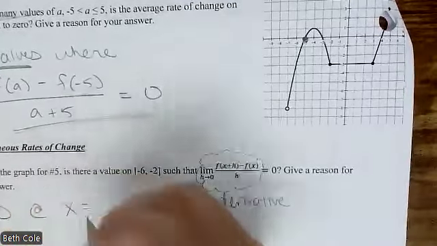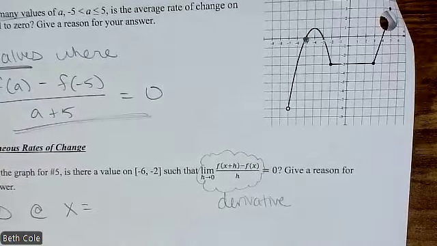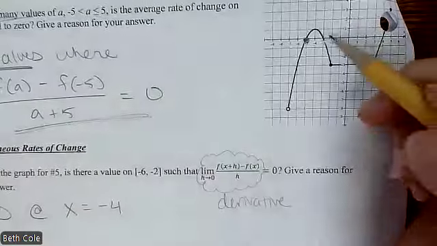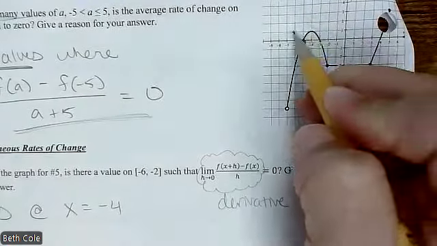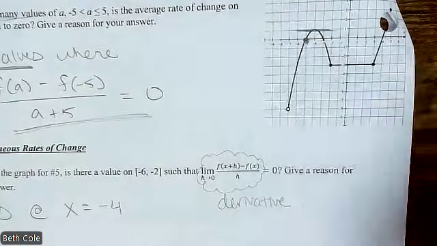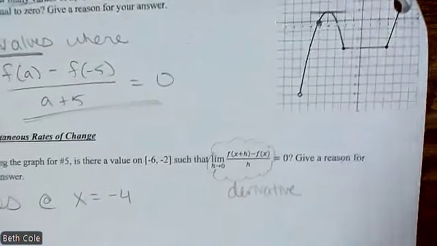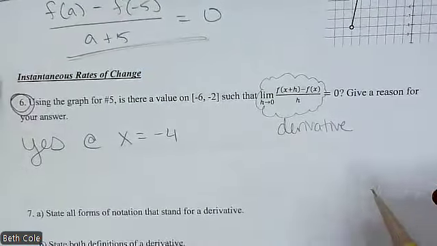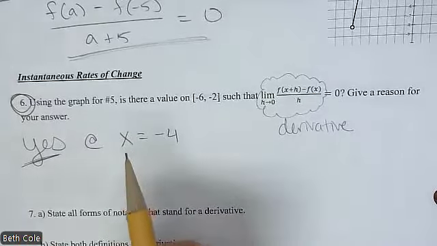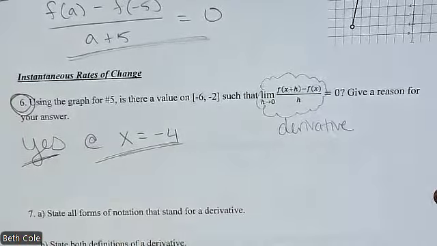And then your explanation is where it is. And where is it? Do you guys see it, -4? Do you see it right here? How you would have a 0 tangent line? So again, 2 points. 1 point for saying yes. And then this is your explanation. If you say where it is, that's an acceptable explanation.